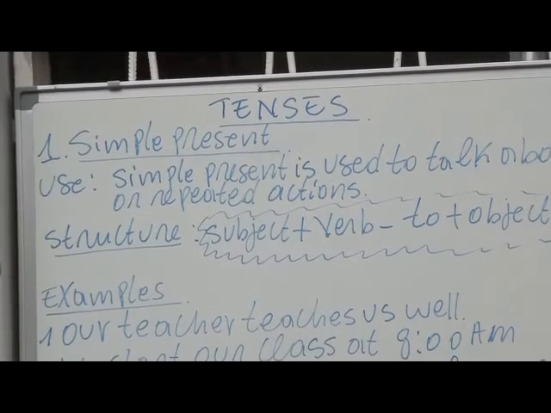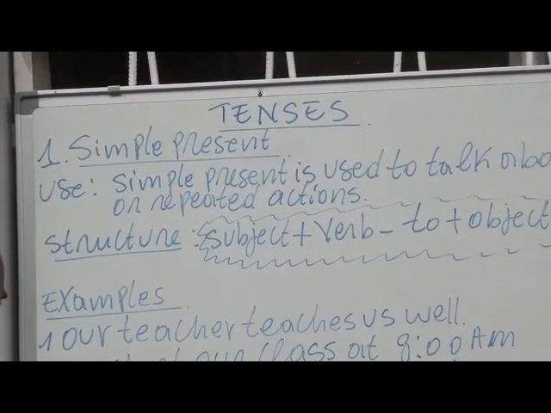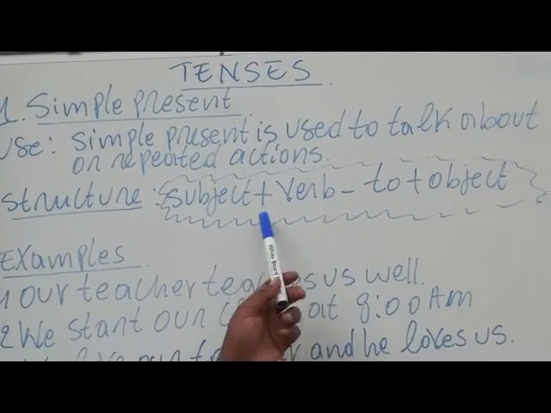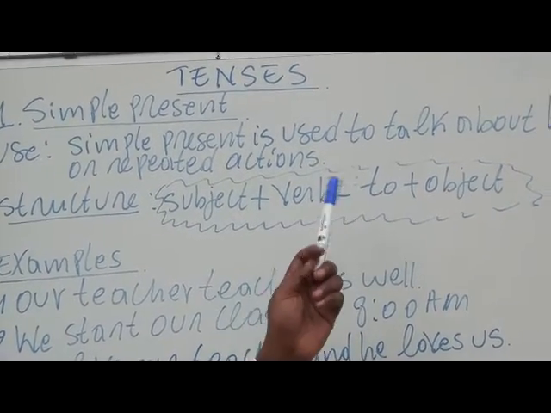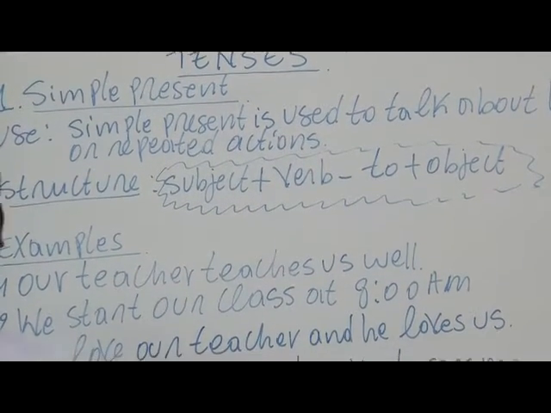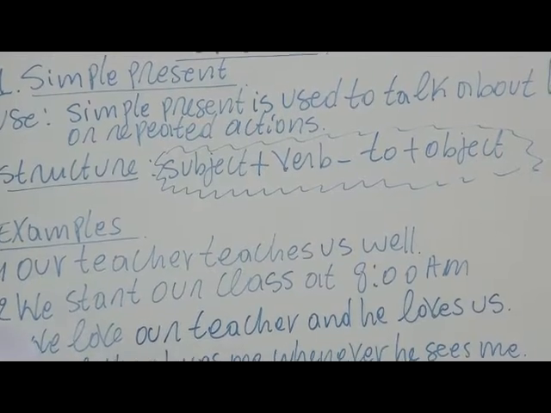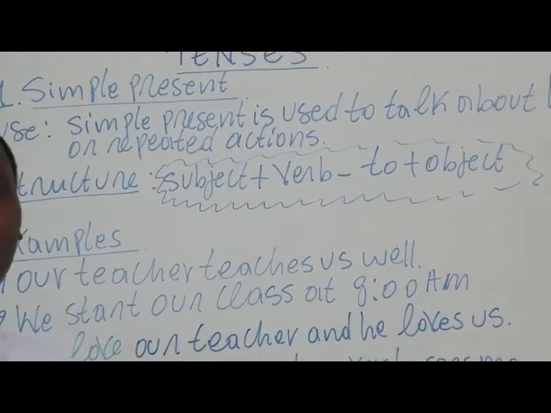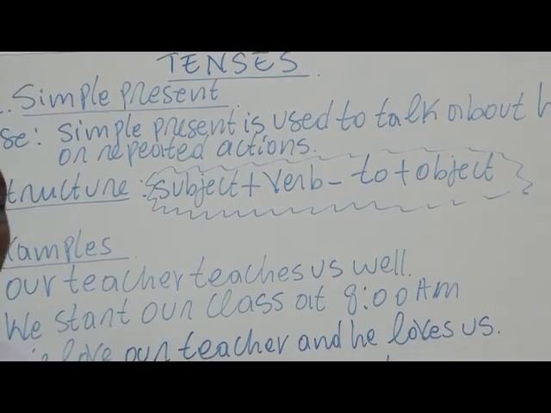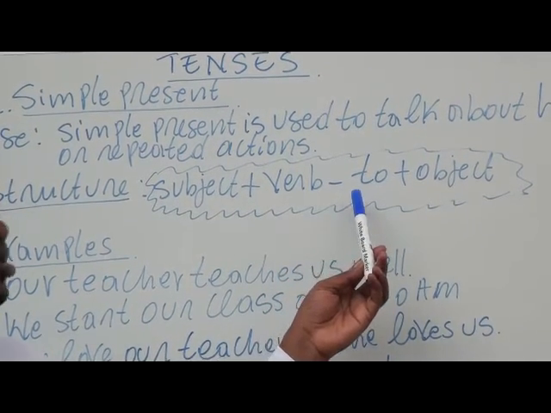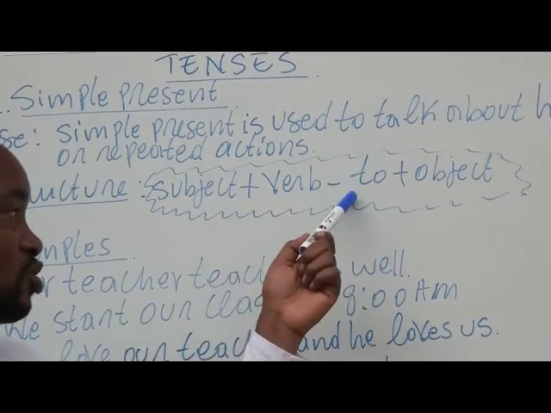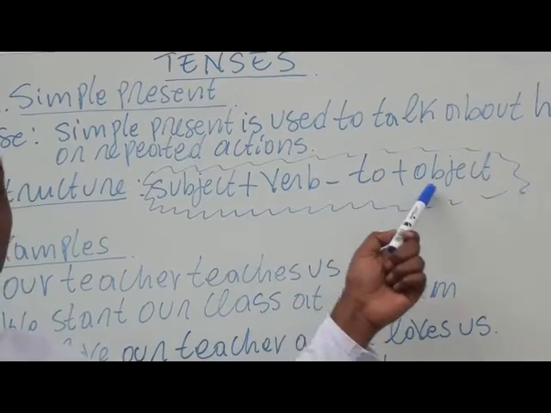Or in a few words, subject is the one who does the action mentioned, plus a verb, but that verb shouldn't have "to". Most infinitives in English have "to", but when we want to conjugate a verb in simple present and the other tenses, we remove "to". So we take subject plus a verb minus "to" plus object.